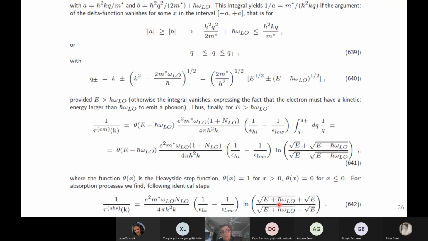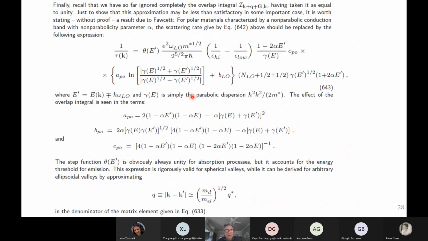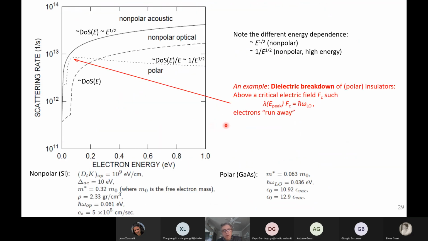At low energy, actually, the density of states dominates. And actually, if you expand for E going to 0 in this particular case, expanding the logarithm, you see that you have a term which is increasing with energy. This is something that I will not discuss now. It's related to accounting for non-parabolic effects.